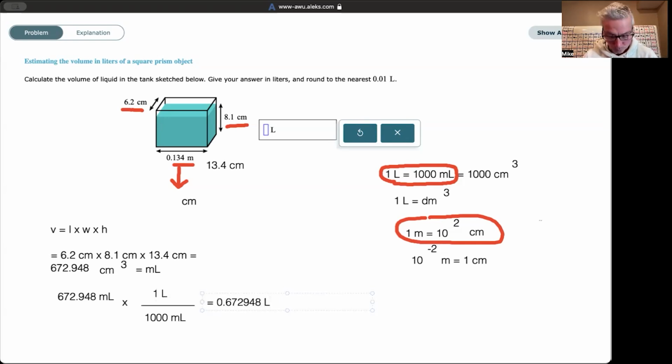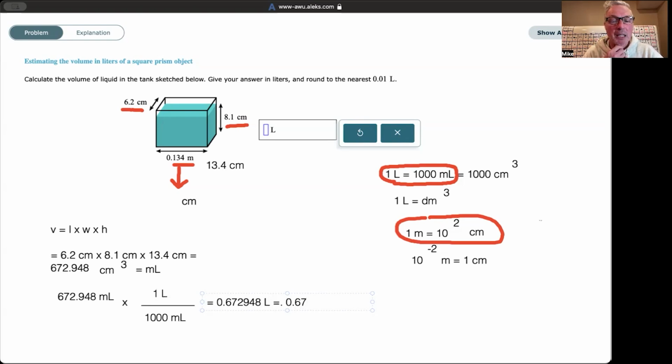They want us to round it to the nearest 100th of a liter. Does that seem okay? Yeah, I'll explain why it doesn't seem that okay in just a little bit, but we're going to just follow the rules because we want to get this right 3 times in a row. So 0.67. Now, what do I do with that last digit there?